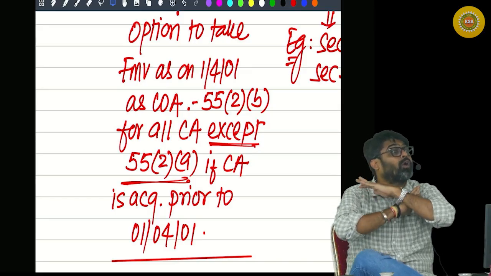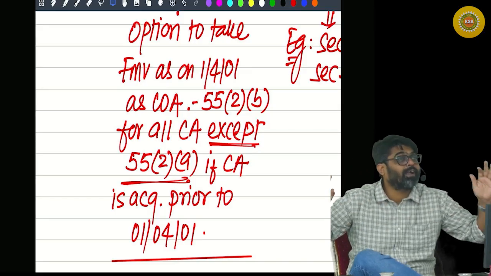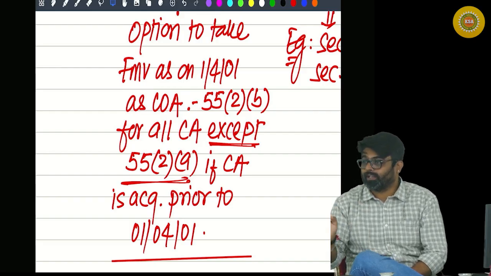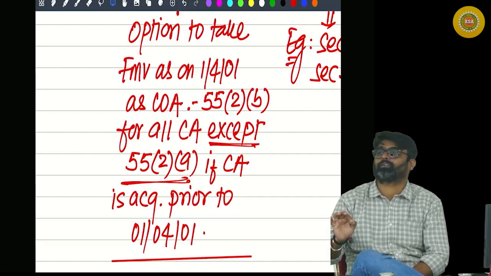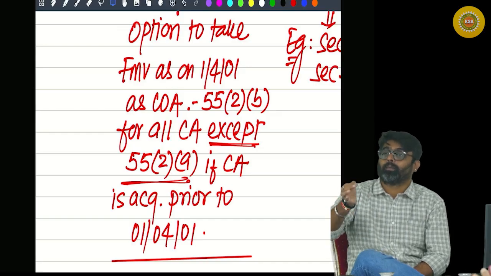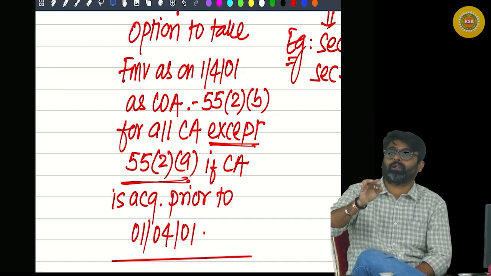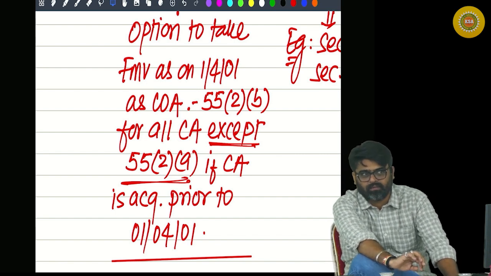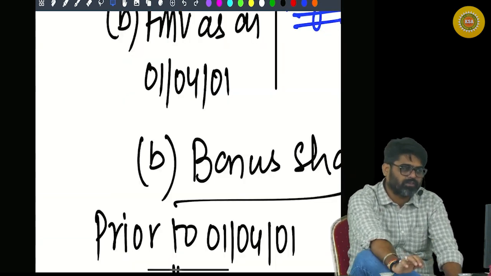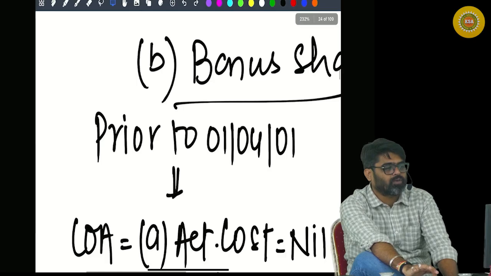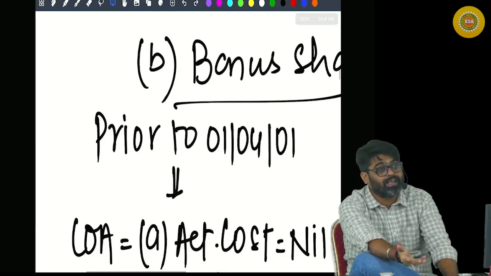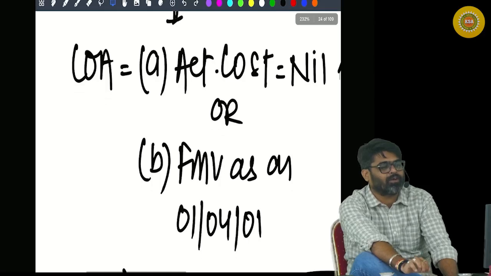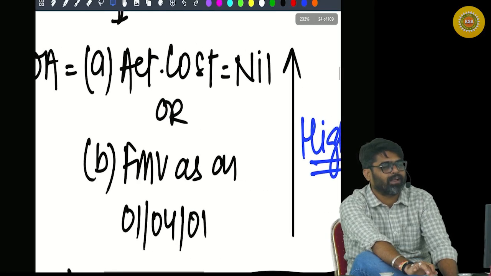It is available for all assets except 55(2)(a). So can I say bonus shares acquired prior to 1st April 2001, what will be the cost of acquisition? Actual cost, which will be nil, or fair market value as on 1st April 2001, whichever is higher.